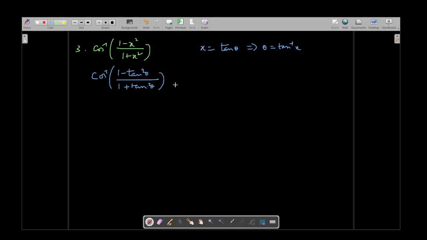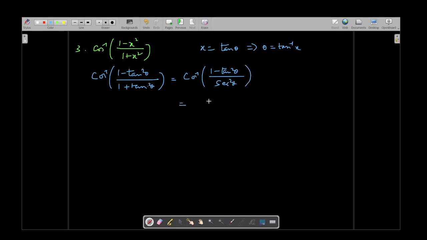This I can write as cos inverse of 1 minus tan square theta, let me keep it as it is, divided by 1 plus tan square theta, or can I write this as secant square theta.